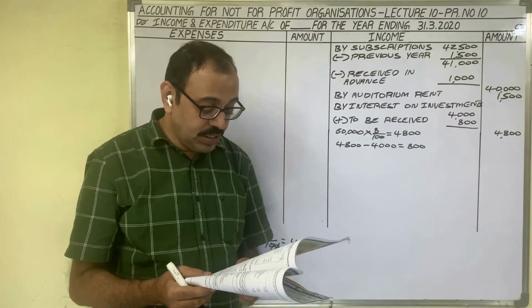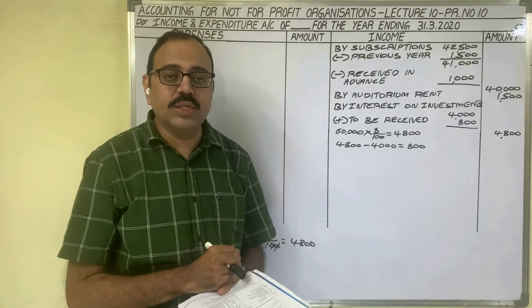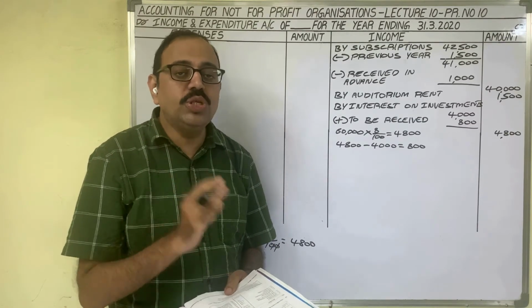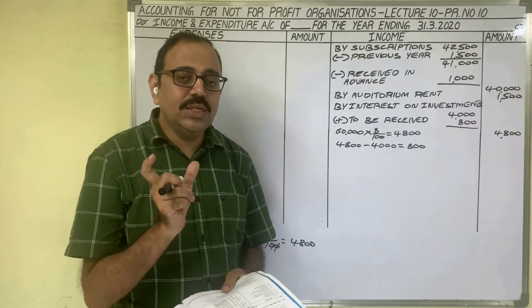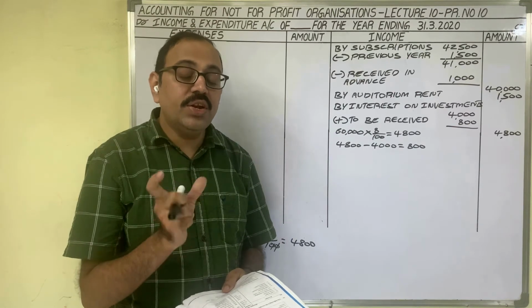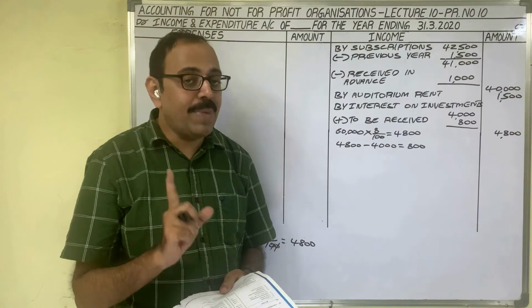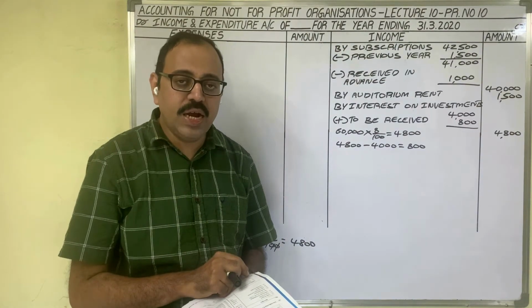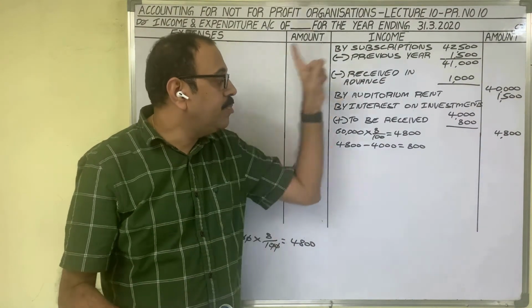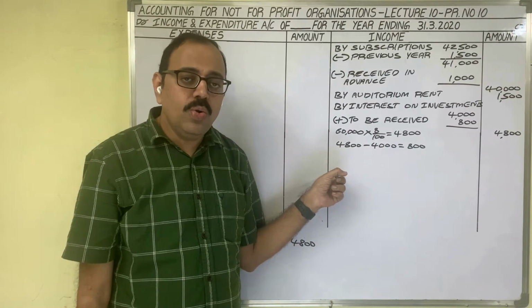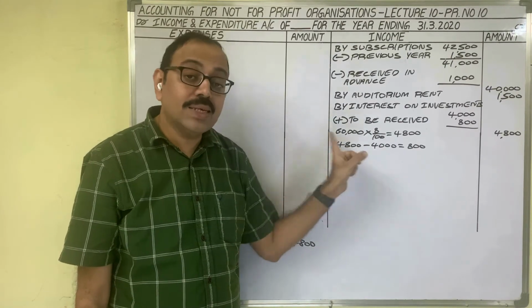Here, the donations amount is 12,000 rupees. So I am considering 12,000 rupees as a huge amount. As this is a huge amount, we treat it as capital income. Capital incomes appear in the balance sheet under liability side. Therefore, while preparing this account, we need not show that. There is no rule that you compulsorily should treat it as capital income.